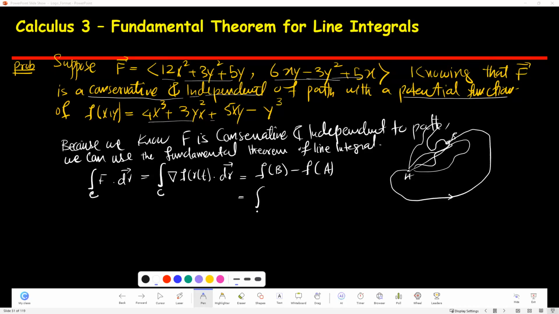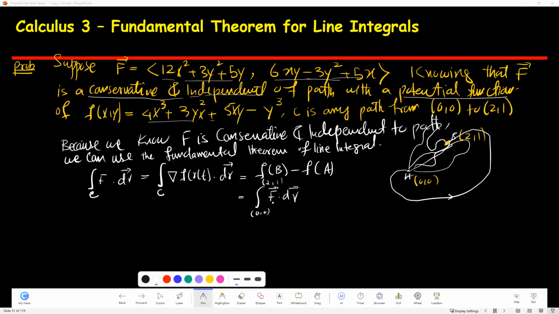All I can do is take this, substituting 0 comma 0 and 2 comma 1, the coordinates given in the problem, at point a and point b.